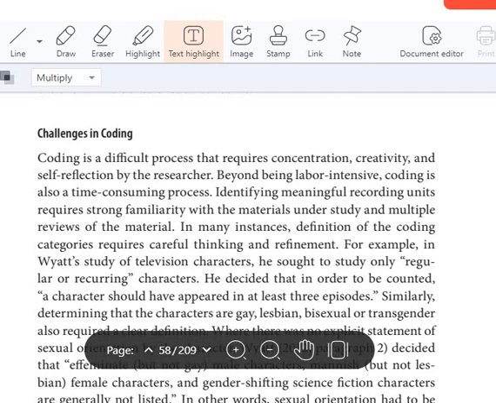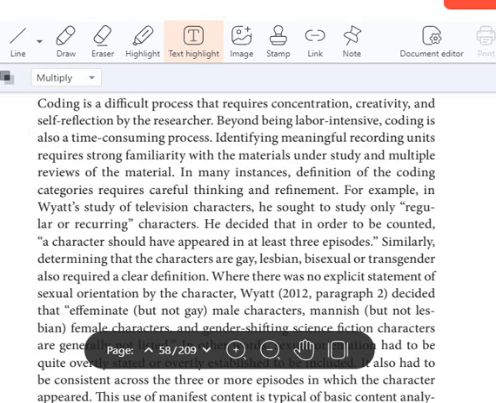Okay, challenges in coding. Do you think coding is an easy task? No, it has many challenges, and here it describes those challenges in detail. Is it difficult? Yes, it's a difficult process, and it requires concentration, creativity, and self-reflection by the researcher. It is also a time-consuming process.